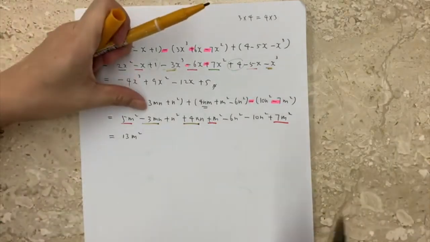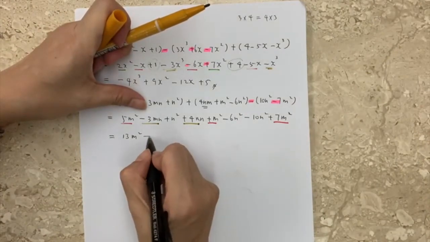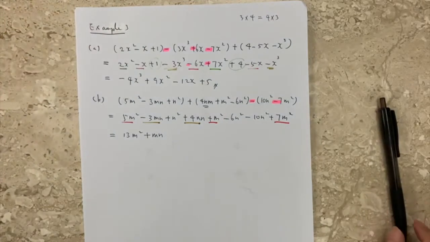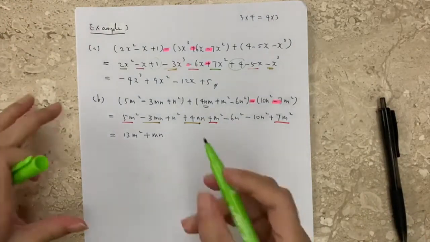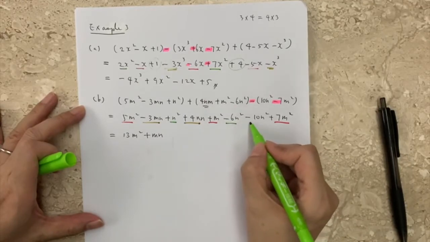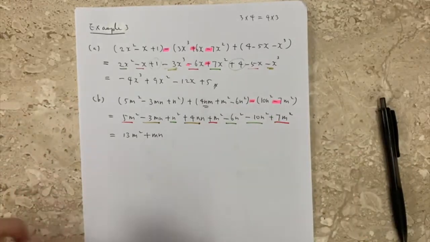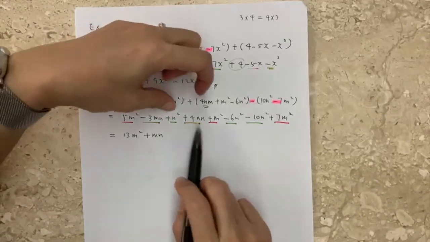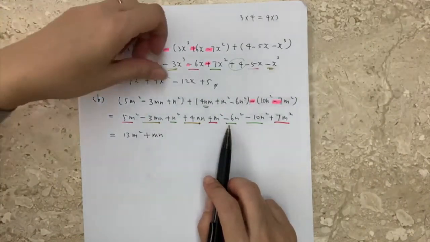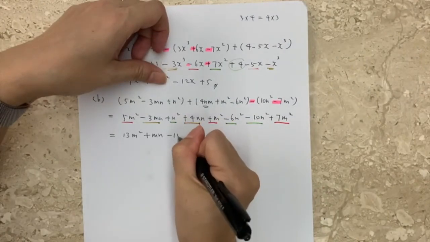So minus 3 plus 4 is plus 1, so plus 1 and n. Finally n squared. This is n squared, and then minus n squared, minus 10n squared. So how many left? Plus 1 minus 6 is minus 5, minus 5 minus 10, I have minus 15 altogether.